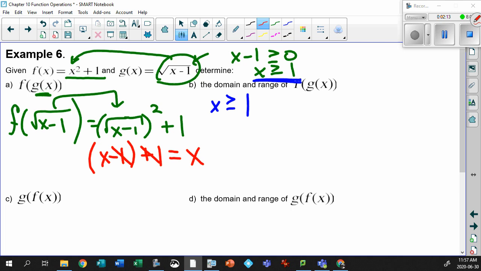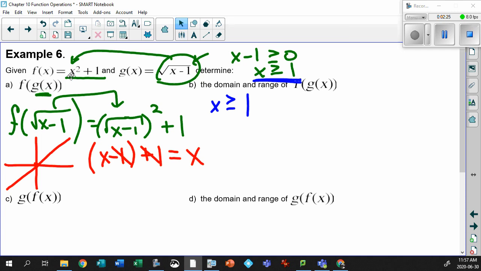Well, wait a second. What does the graph of that look like? The graph of that looks like y equals x, just a plain old line, 45-degree angle, right smack through the origin. But is this going to be one of those graphs because of this restriction that starts at 1 right here? It just kind of goes out that way?